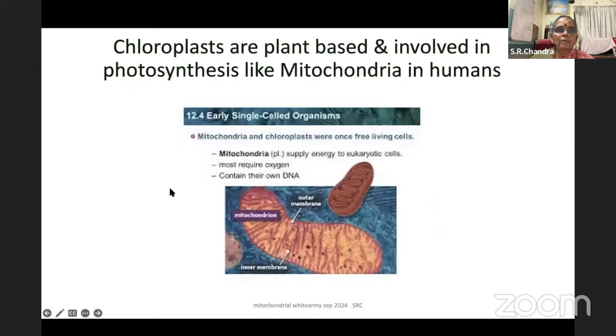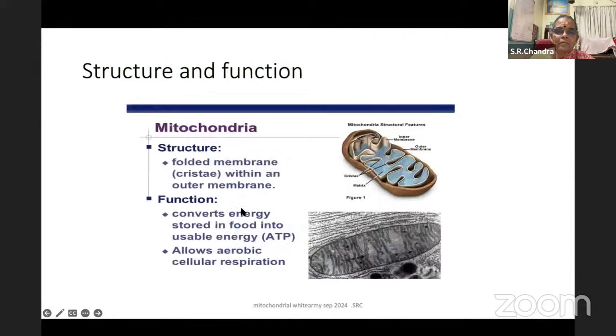And here we can see what is the chloroplast. So in the plants, the energy producing structure is the chloroplast, and mitochondria is akin to the chloroplast in the plants. It supplies energy to eukaryotic cells, and it mostly requires oxygen and contains its own DNA.